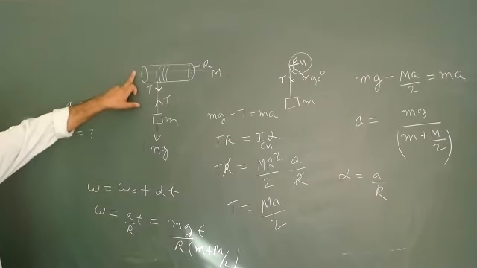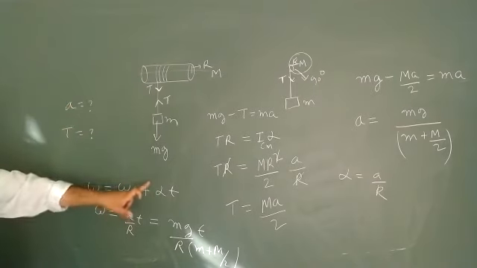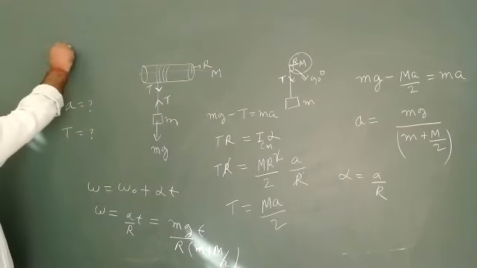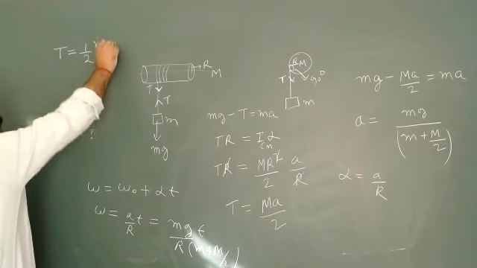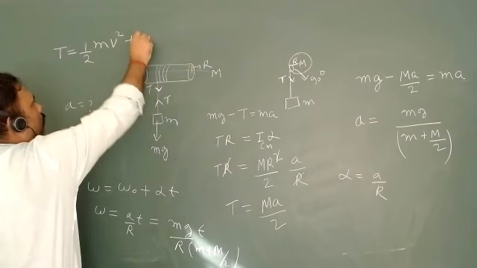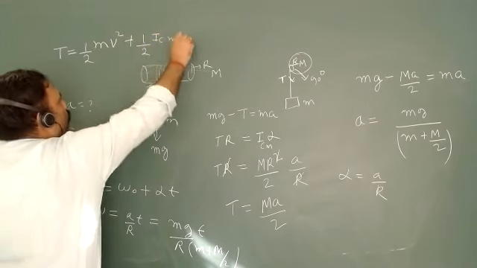This one has just rotational kinetic energy, and this one has just translational kinetic energy. So what will be the kinetic energy of this mass? That will be half m v square. And the kinetic energy of this one will be half I CM omega square.